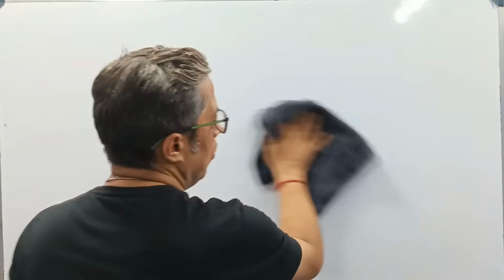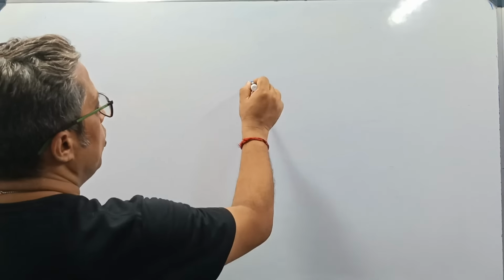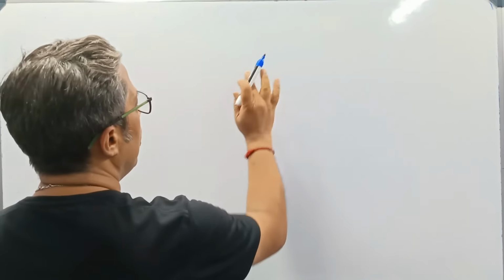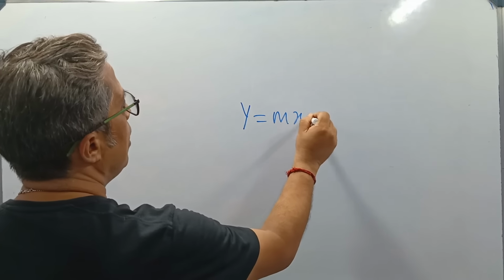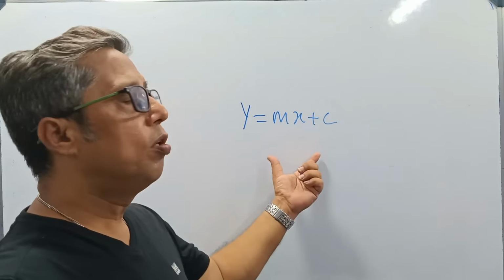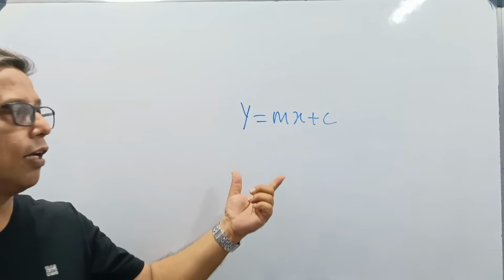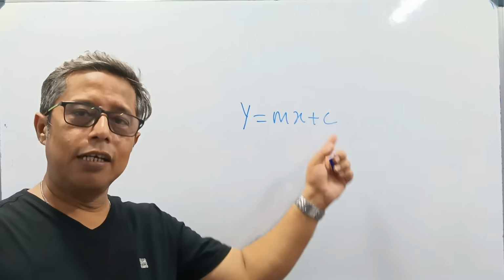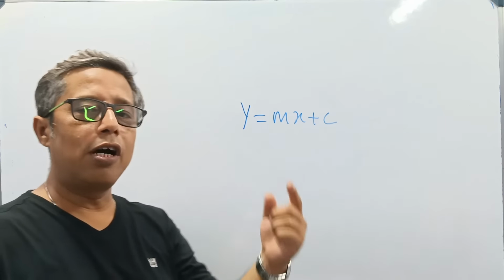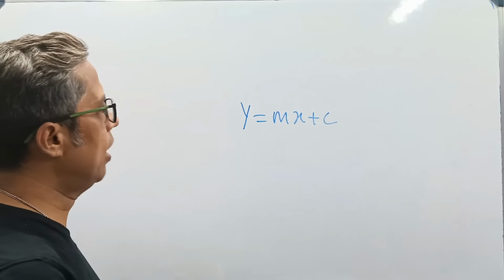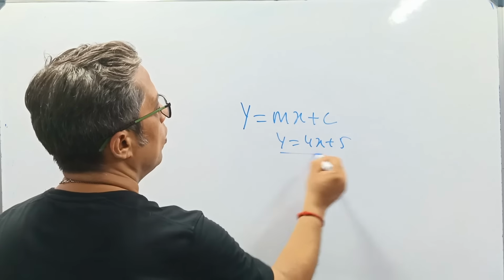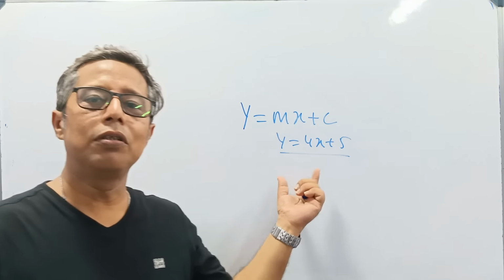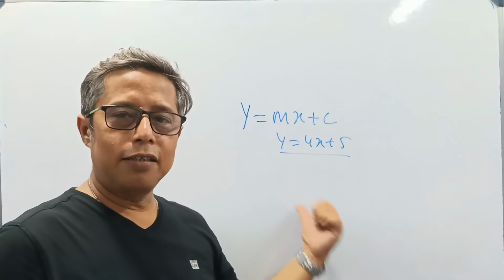Now let me show you how to calculate the slope. From where did the slope come? From the equation of a straight line. This is the standard equation of a straight line, introduced in class 10. This is a linear equation: the power of x and y is 1. An example is y equals 4x plus 5, a linear equation which we saw in class 9 algebra.